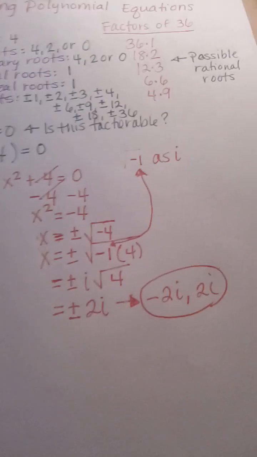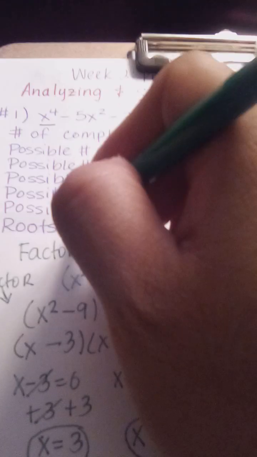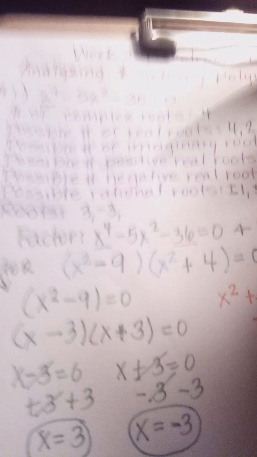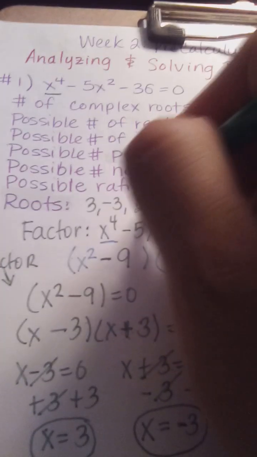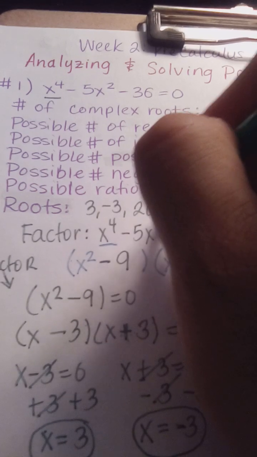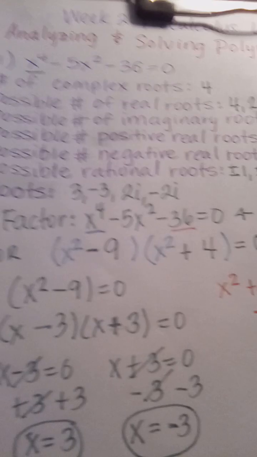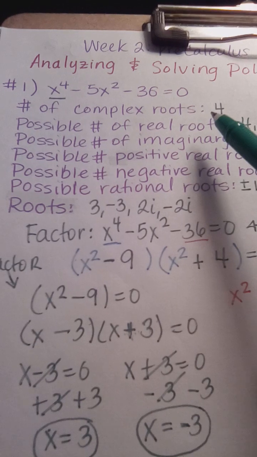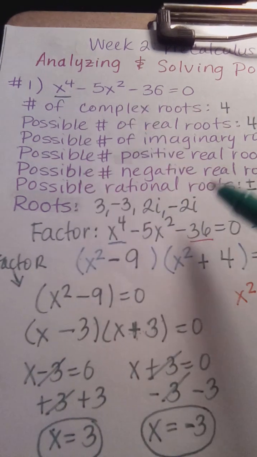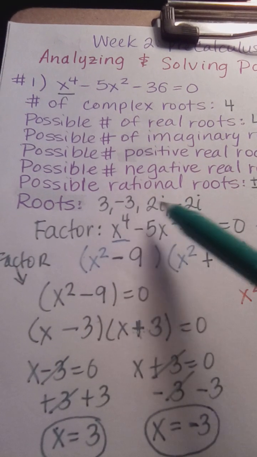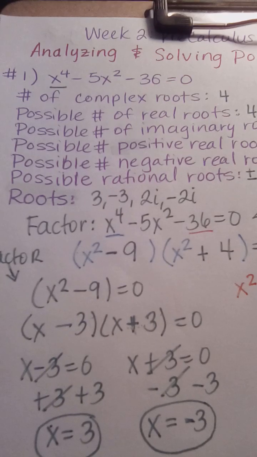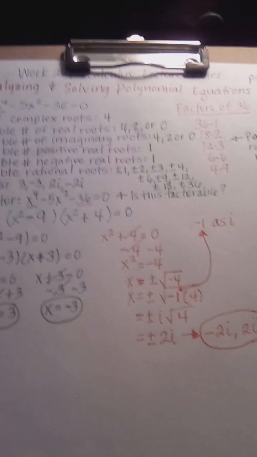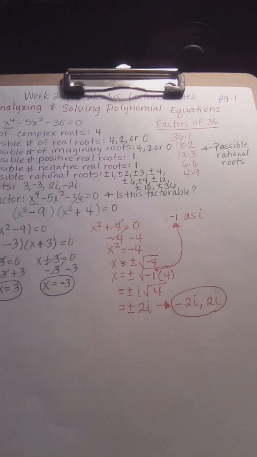I'm going to do 3 and negative 3, 2i, and negative 2i. Those are your roots. Remember the complex roots, the number 4? How many are there? 1, 2, 3, and 4. That is your answer for the roots. There you have it. Your first problem is complete.